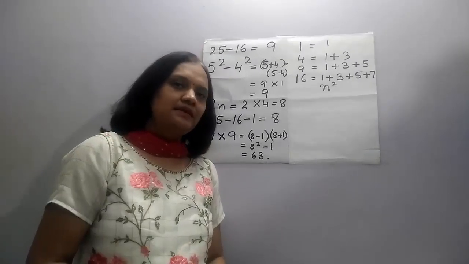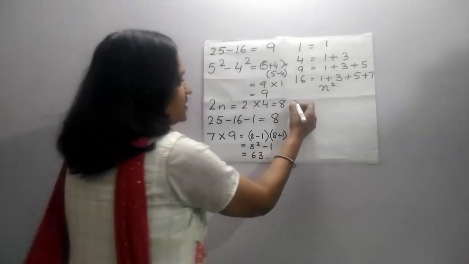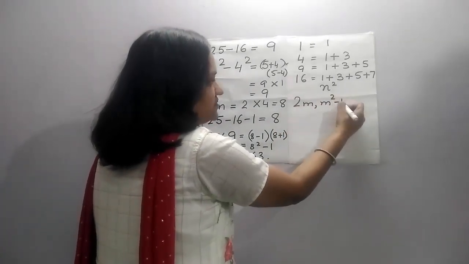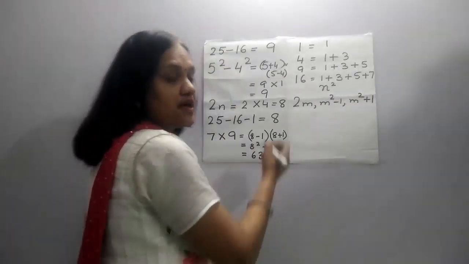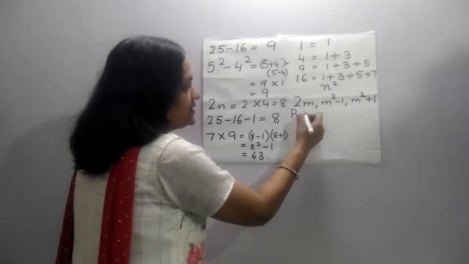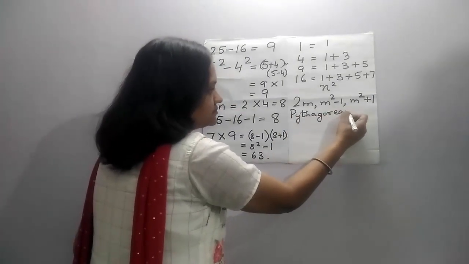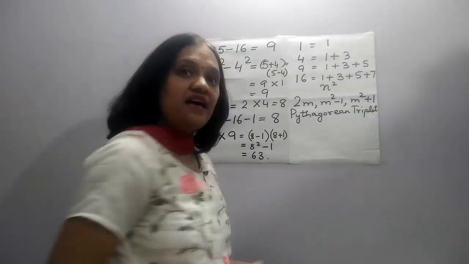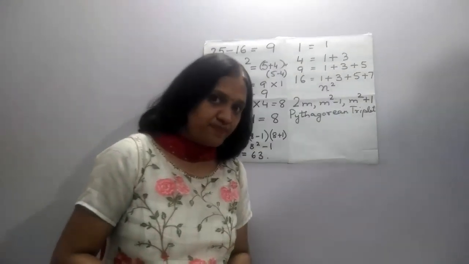If m is a natural number, then 2m, m square minus 1 and m square plus 1 forms a Pythagorean triplet. You all have studied Pythagoras theorem and Pythagorean triplet.